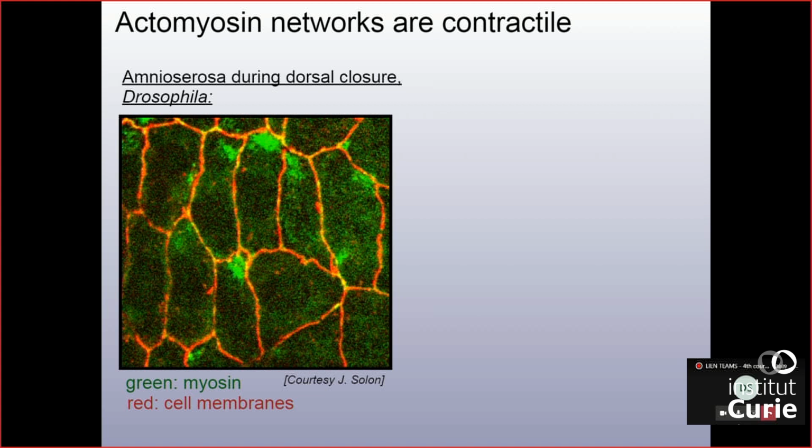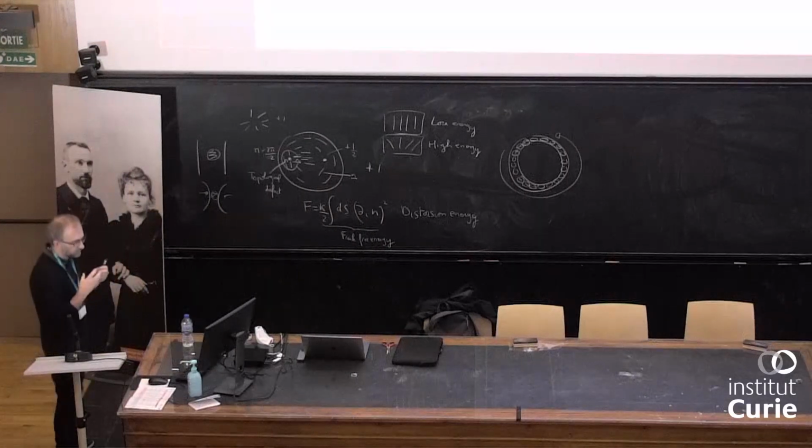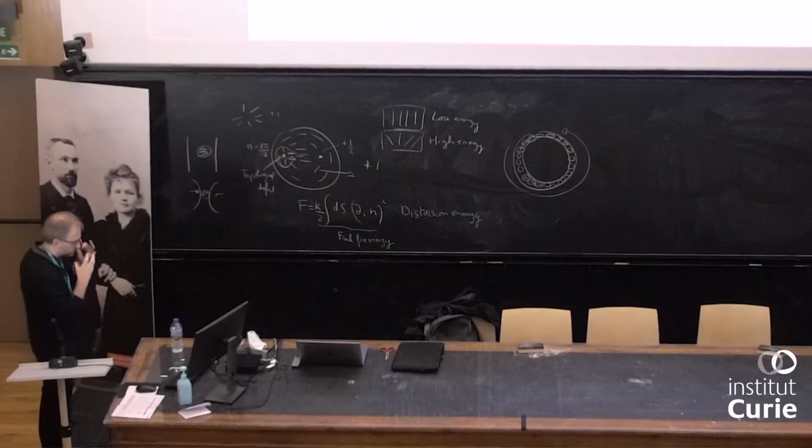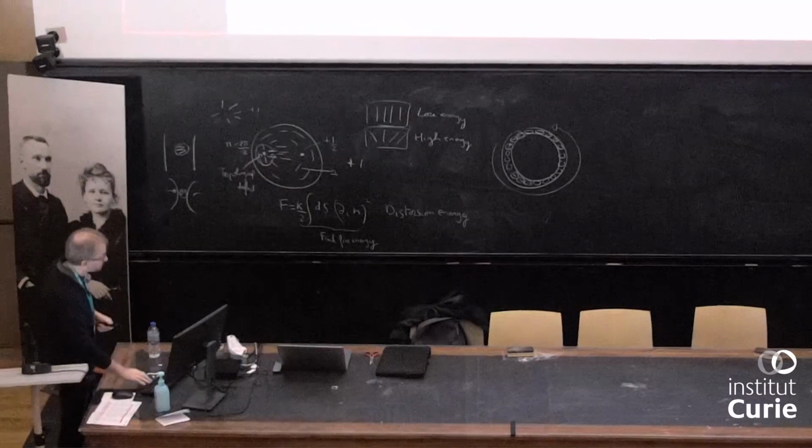And it turns out that in this movie, the myosin molecular motors are locally pulsating, and every time there is a pulse of myosin, one can observe a motion of the lateral cell interfaces which are connected to it. So that sort of visually reveals that these myosin molecular motors are driving a constriction.